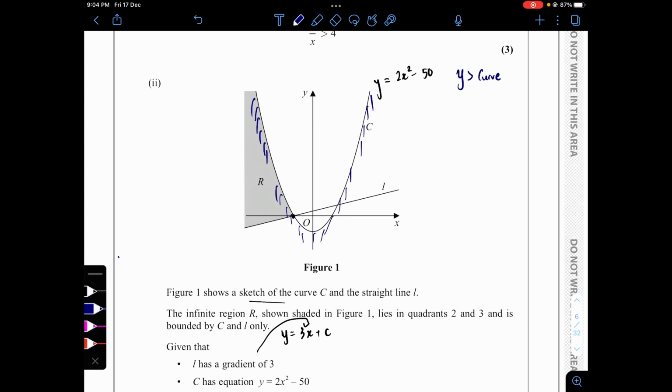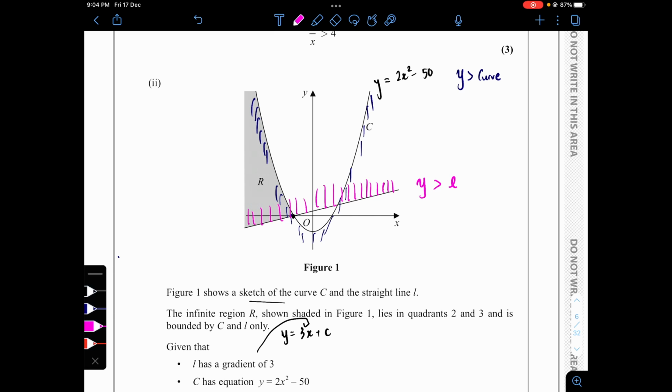What else? We also know that the values are above line L, so the values that we want are over here. They're above line L, so it'll be y is greater than line L. We're going to find what L is.